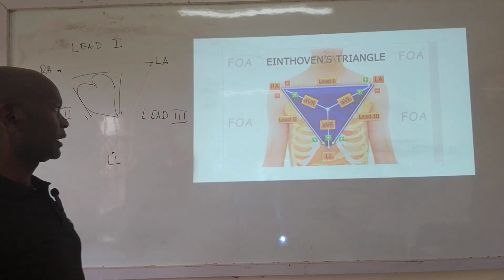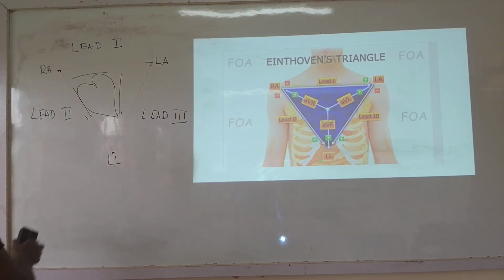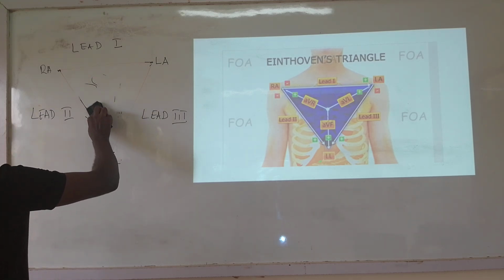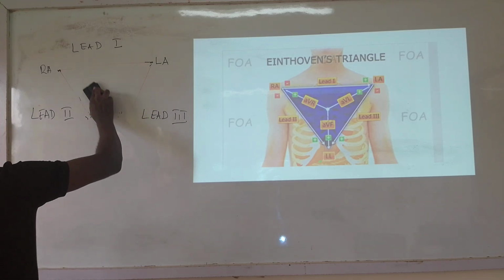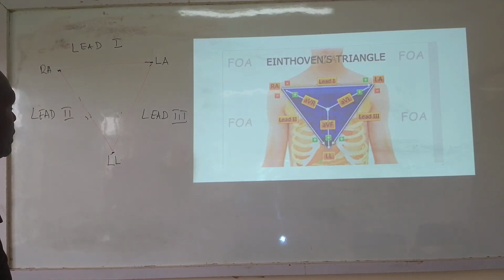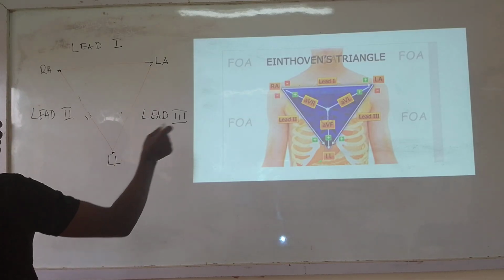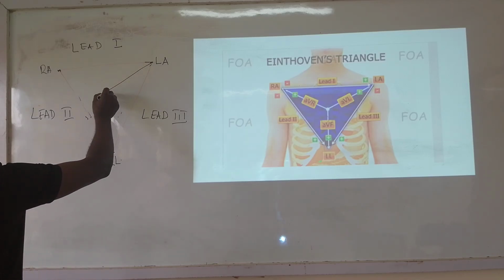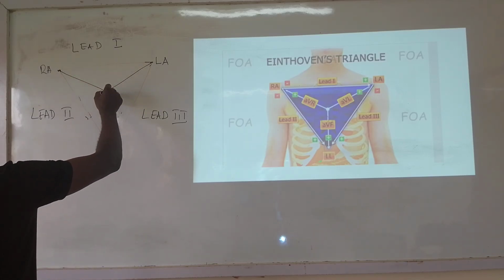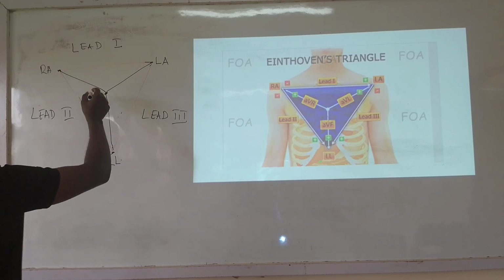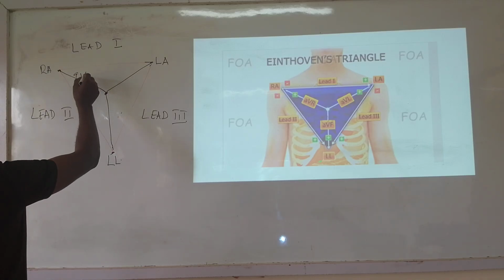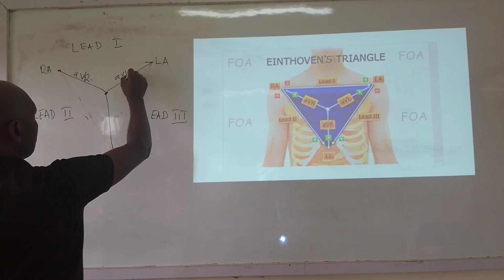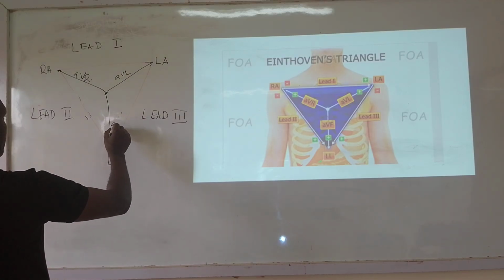And then you can realize that in between, we have what we call augmented leads. Augmented leads means, for example, if you look inside there, there's a lead that's coming from this point, and this point, of which this one is AVR, and the other one is AVL, while this one is AVF.